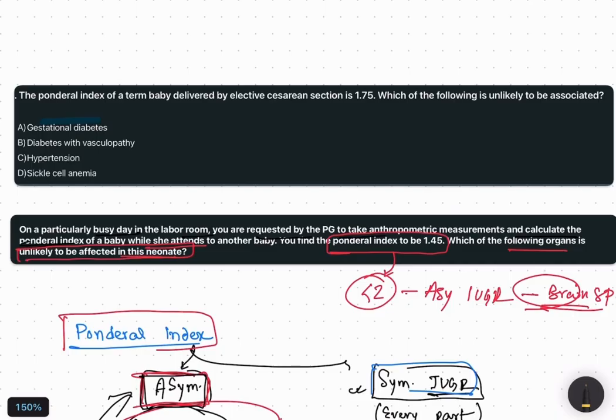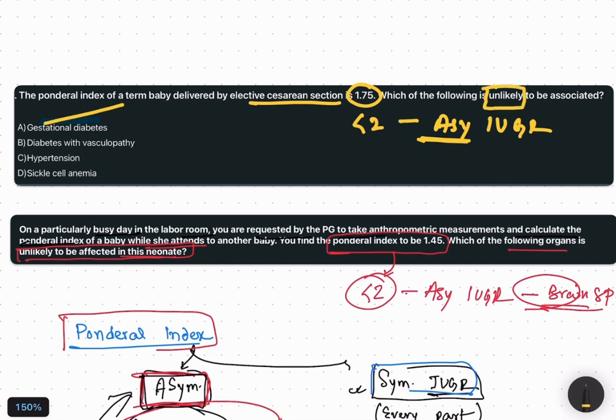Understanding? Now discussing one more question. The ponderal index of a baby delivered by C-section is 1.75. This is less than 2, so it is asymmetric IUGR, which is in the late trimester because of some maternal cause. They are asking which of the following is unlikely to be associated. Gestational diabetes, diabetes with vasculopathy, hypertension, sickle cell anemia.